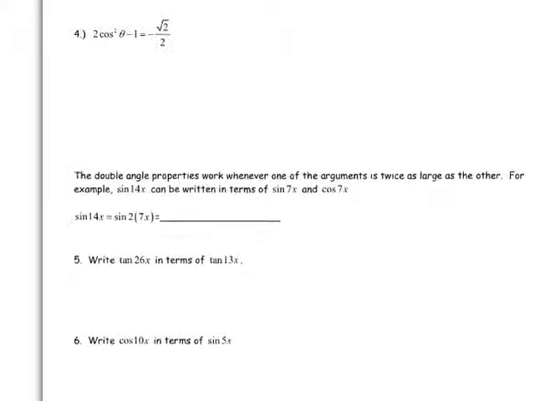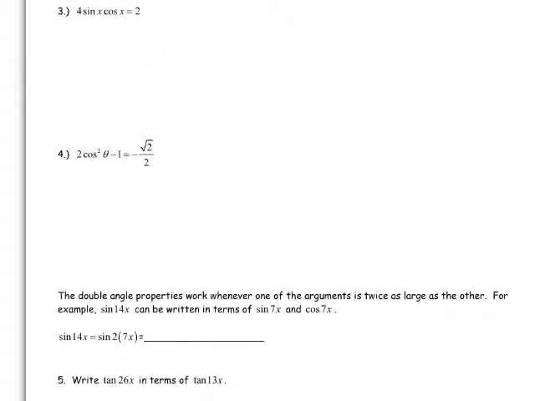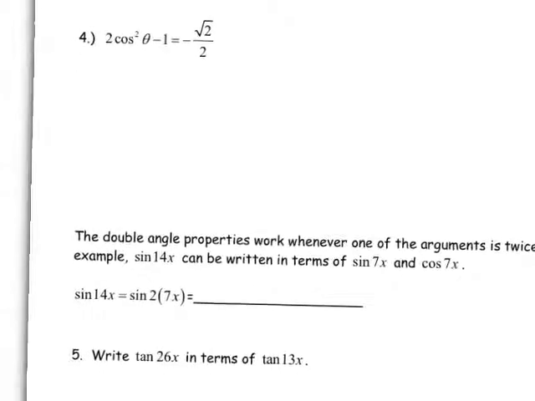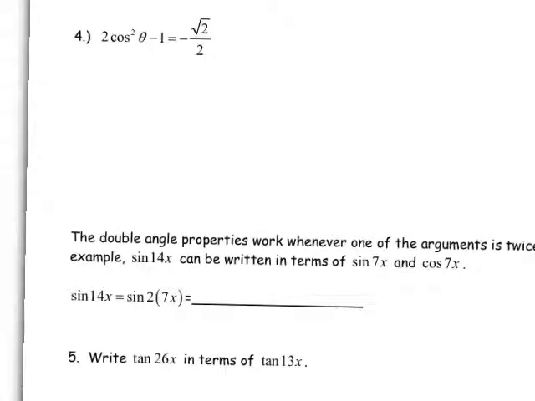All right, so let's go on to 2 cosine squared theta minus 1 squared degrees equals negative root 2 over 2. If you match this up, this is actually a really easy matchup. Do not make this problem harder than it is. Before you start a problem, see if it matches.